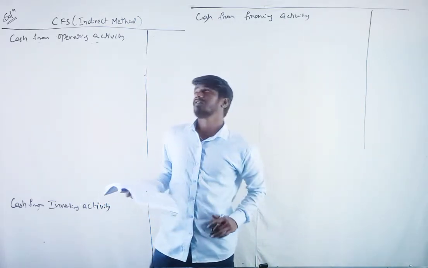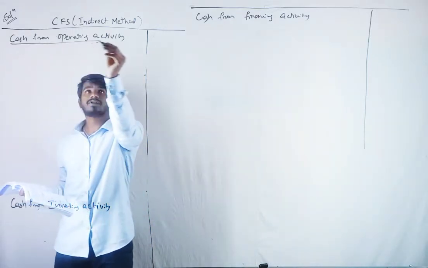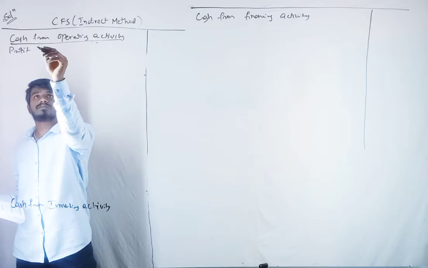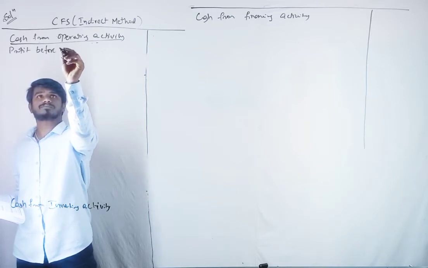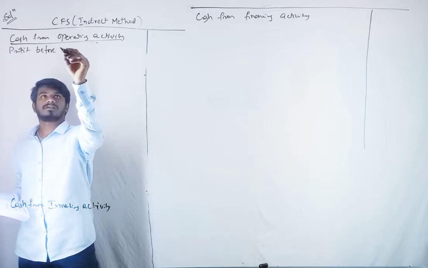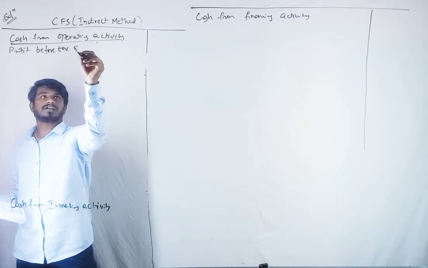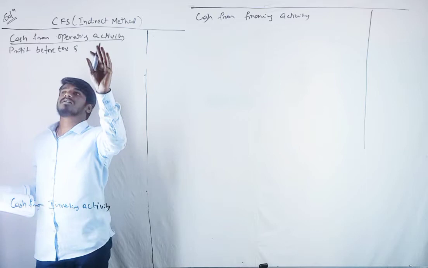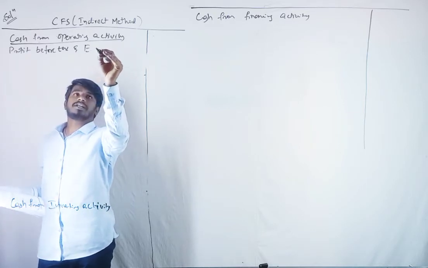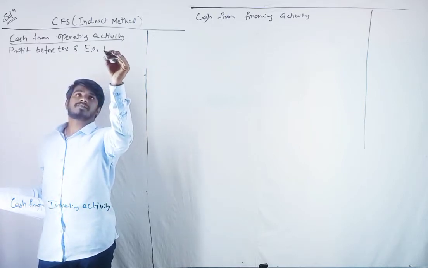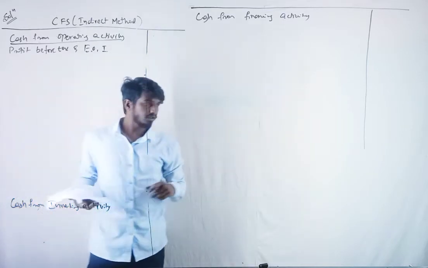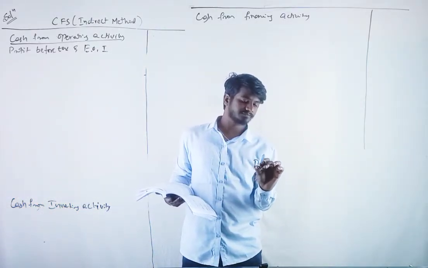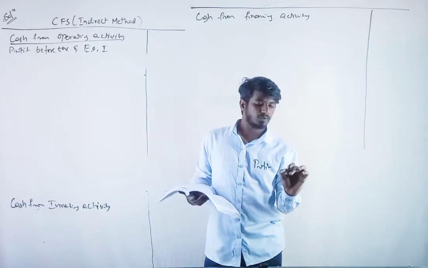Okay, we will start with the profit, right? That is profit before tax and extraordinary item, right? Okay, what is the profit they have given? 1 lakh 50,000.